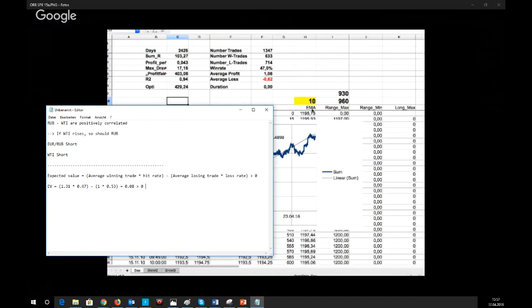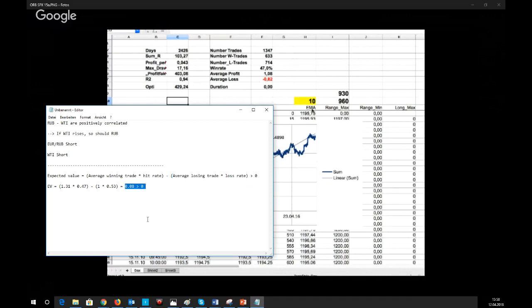There were plenty of people then saying, I'm sorry, but does it mean you're risking €1 to only gain 8 cents? No. Again, the average winning trade can be found in this column, and the average losing trade can be found here.